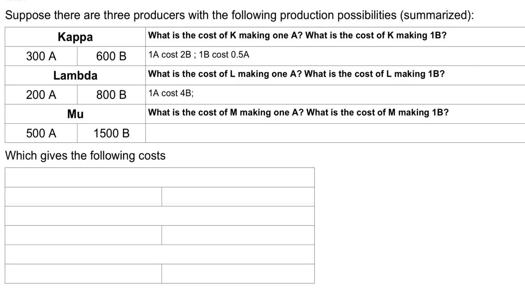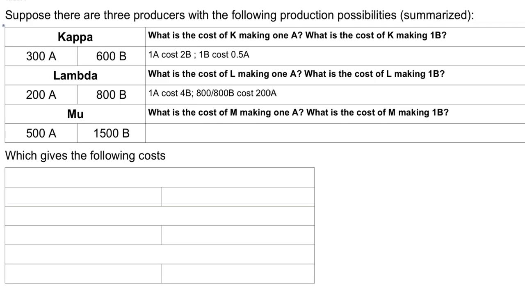If we instead wanted to find out what's the cost of making 1B by lambda, well, lambda could make 800 B's if lambda did nothing but make B, but that would cost lambda 200 A's. If we only want 1B, then we've got to divide this 800 by 800 to get the 1B.